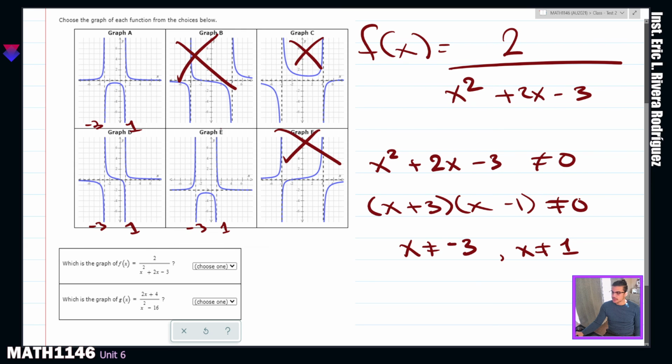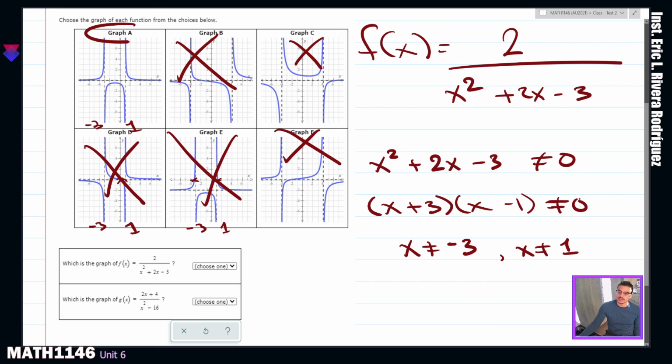All right, so what else do we want? Because the numerator is a constant value, 2, there is no x variable in the numerator, I know that f does not have x-intercepts. E has 2 x-intercepts, so E is not the graph of f. D has 1 x-intercept here, so D is not the graph of f.